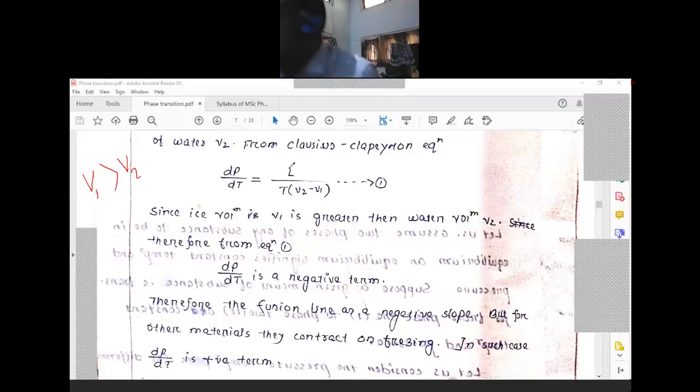So we have learned, the thing is now V1 is greater than V2 in this equation for fusion, meaning for conversion of ice to water. But because of some unusual property of ice, it has a volume V1 greater than water volume V2.